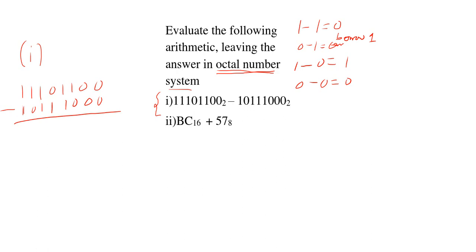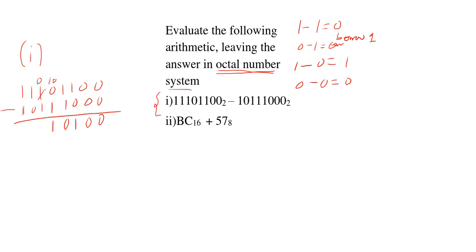So 0 minus 0, we get 0. Here we get 0. 1 minus 0, we get 1. We get 0. 0 minus 1, we borrow 1 from here. We remain with the 0. When we bring it here, it becomes 1, 0, which is equivalent to 2. And when we subtract, we get 1.